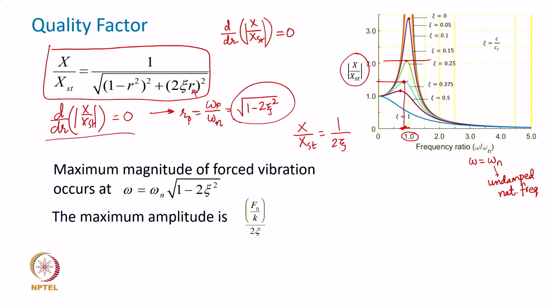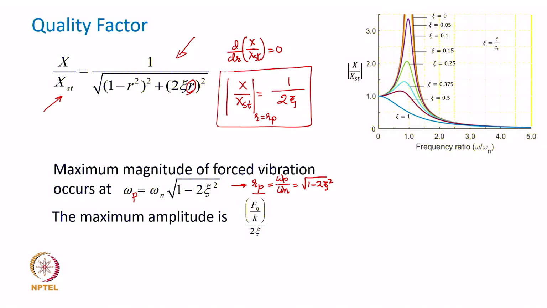So, omega_p is equal to omega_n times the square root of 1 minus 2 zeta square, and when you replace omega_p over omega_n with that ratio, you get x over x_st equal to 1 by 2 zeta. It is a very simple, straightforward exercise to get that relationship.